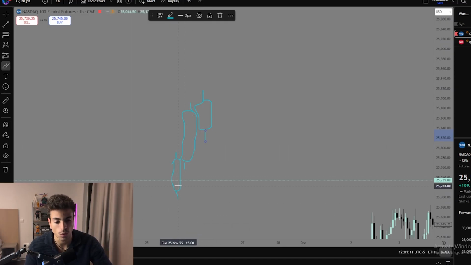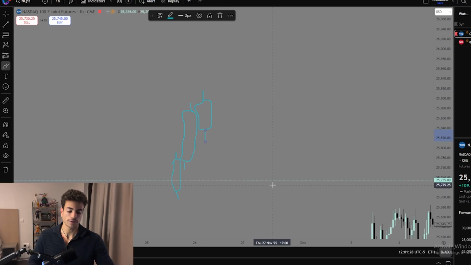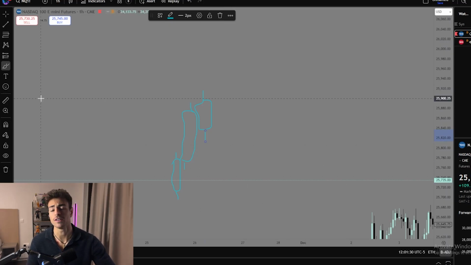As you can see here, candle 1 has its body here, as well as the wick that ends here. Candle 2 has a big body and the wick that ends here and here. Candle 3, same thing, big body, wick. So what is a fair value gap and how do you identify it?